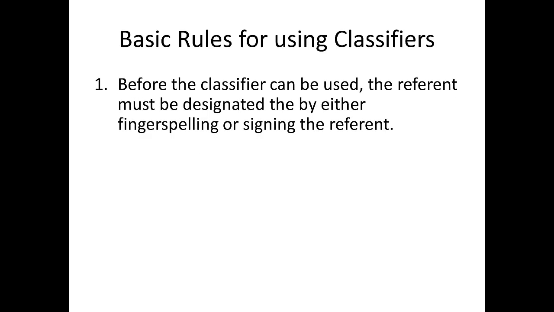There are several rules you need to follow when using classifiers. I've mentioned you must designate what the classifier is representing first, or your listener will have no idea what the classifier is. You need to do this by fingerspelling or signing the referent for the classifier.